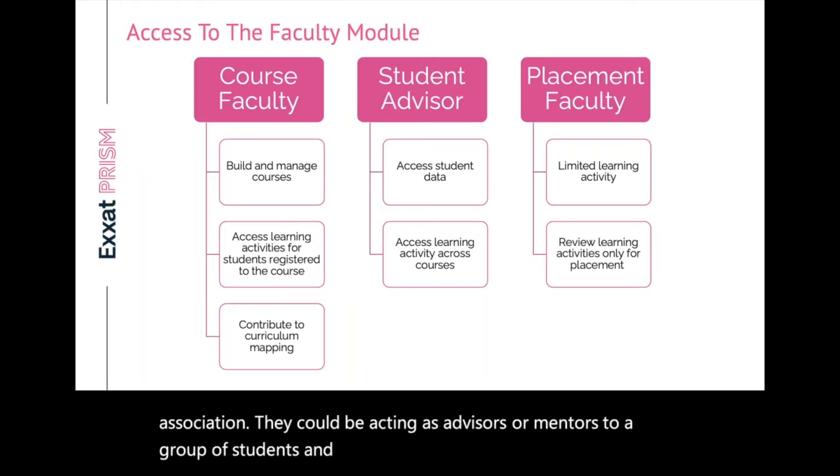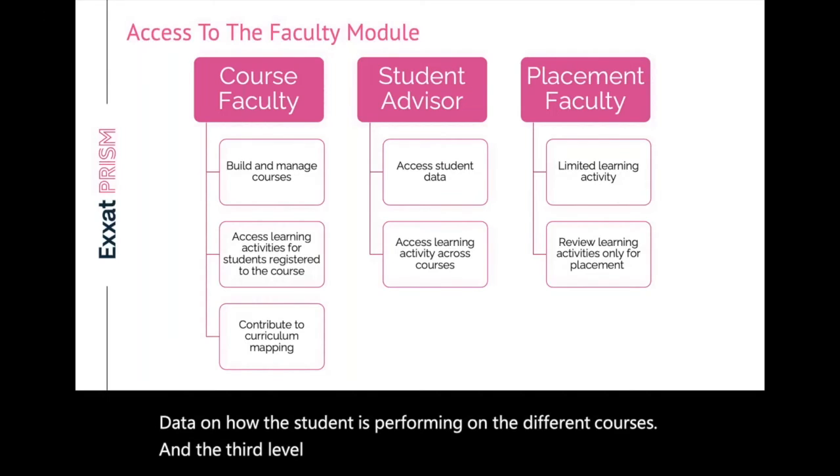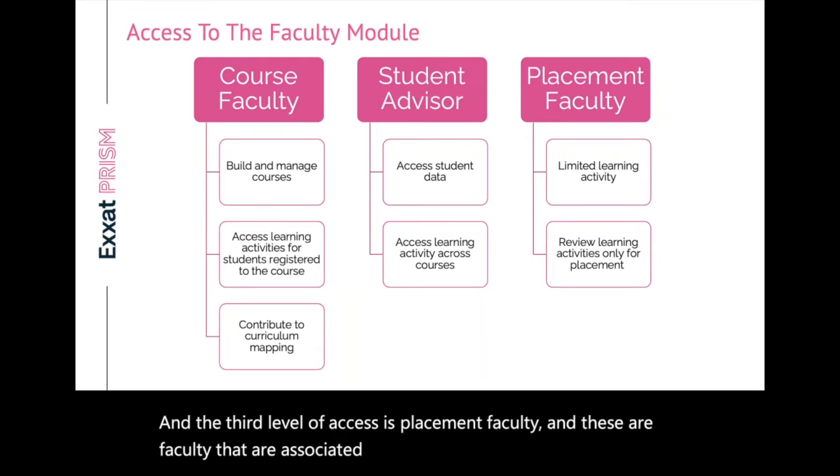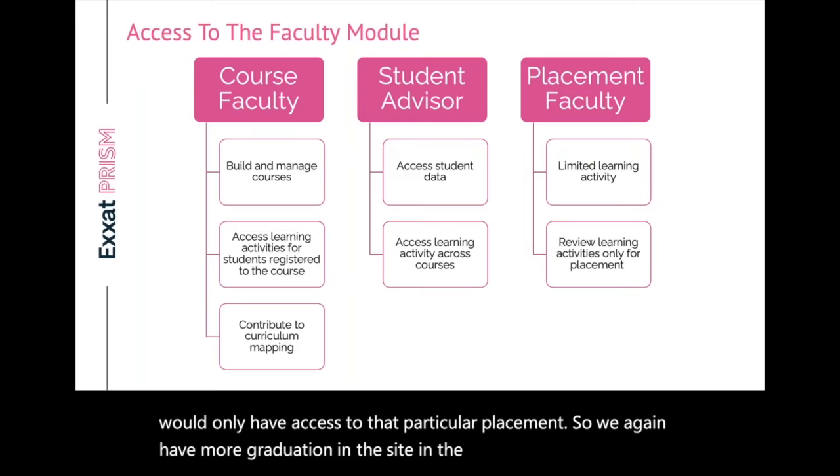In that case, these advisors would have data on how the student is performing on the different courses. And the third level of access is placement faculty. These are faculty that are associated with specific placements, and they would only have access to that particular placement. So we again have more gradation in the faculty access.